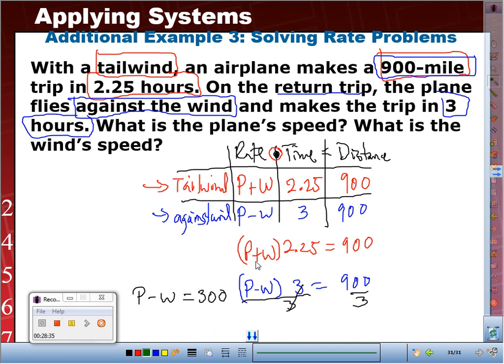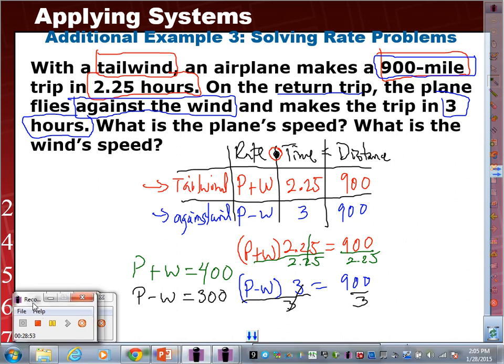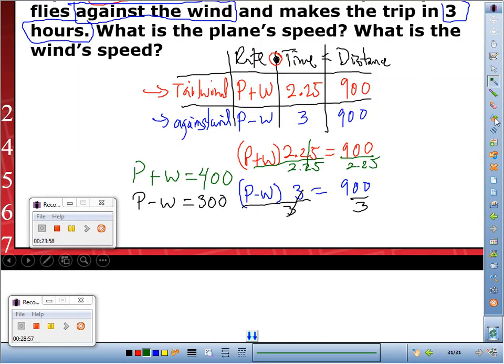This one, the 2.25 is multiplying. I'm going to divide by 2.25. I'm left with P plus W equals 400. And you could do your long division over here. So, does that look familiar?